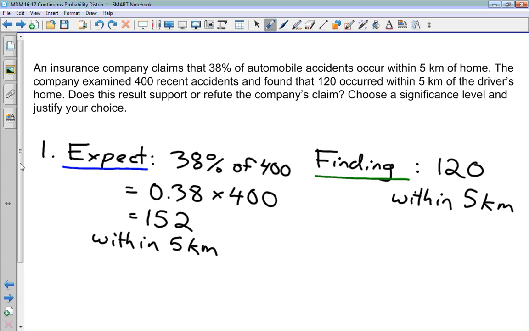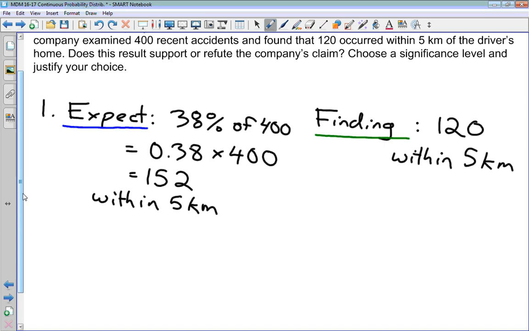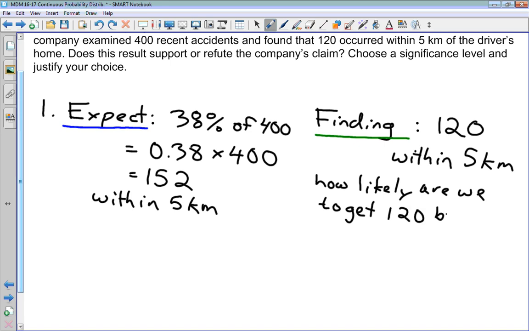So the question we're going to ask is, how likely are we to actually get 120 accidents within 5 kilometers if we really should have gotten 152? So here's our question. How likely are we to get 120 purely by chance?